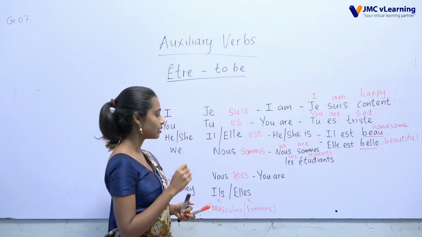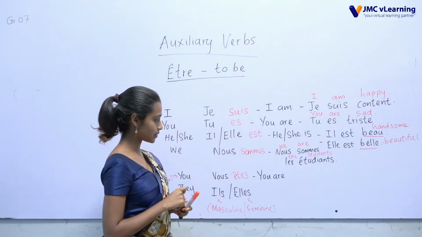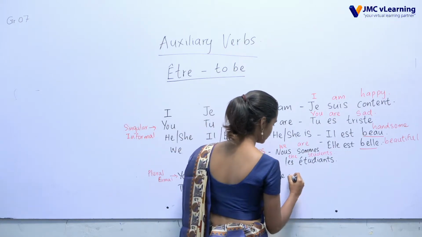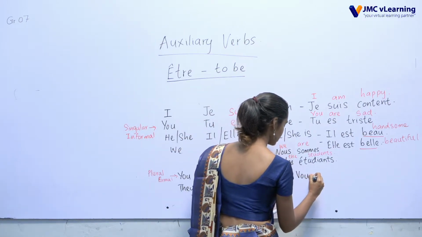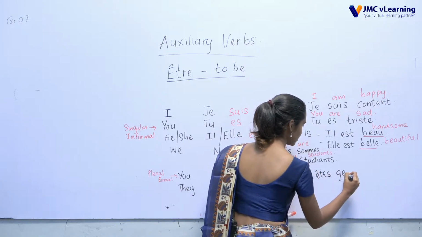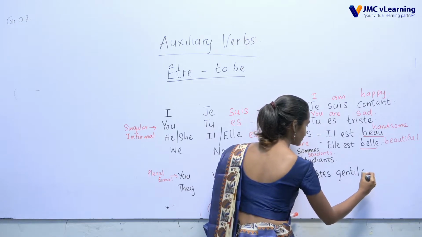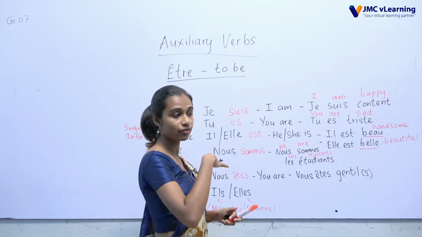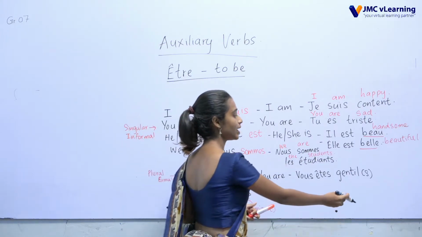Right? So let's make a sentence with it. You are kind. How do you say kind? Gentil. So if you are talking to a group of people, when you want to say you are kind, you have to add s.